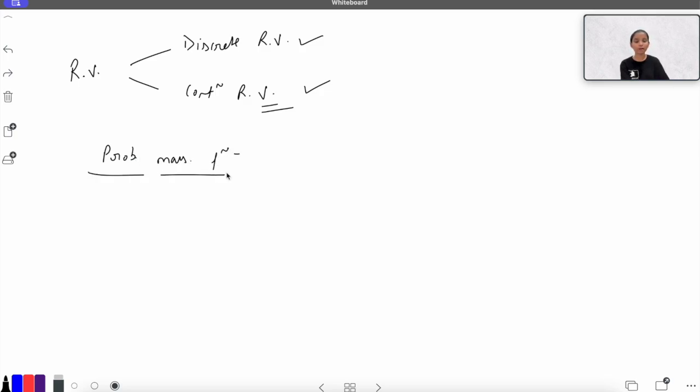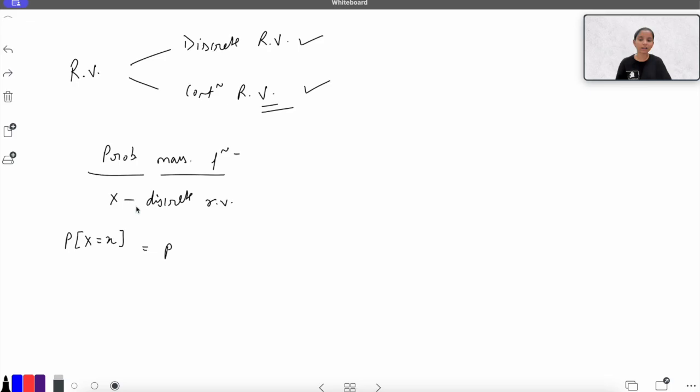Okay, probability mass function. The probability mass function is a point probability for a discrete random variable. When you are having a discrete random variable, then you find the point probability at a certain point: probability X equals x, that is equal to some probability p. Okay, that is your point probability.